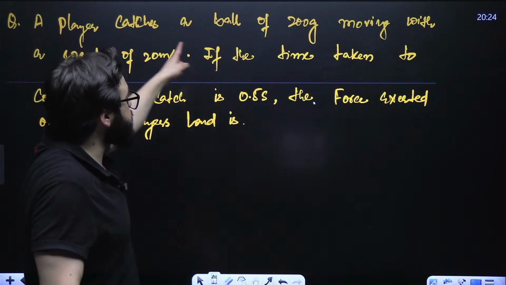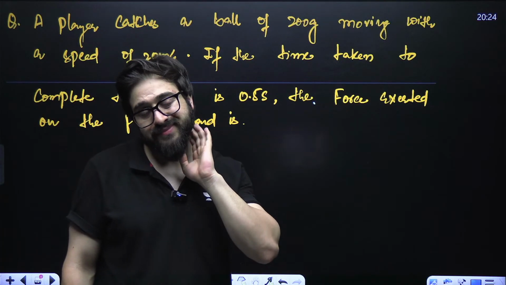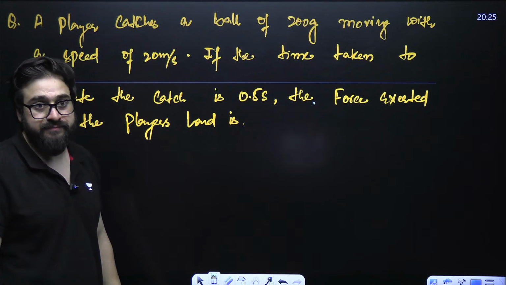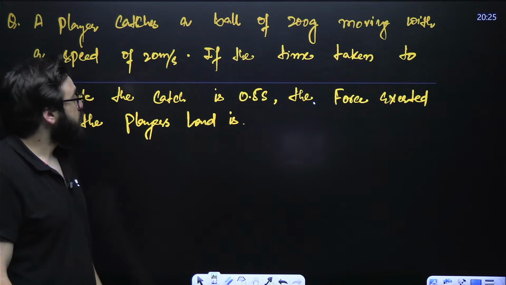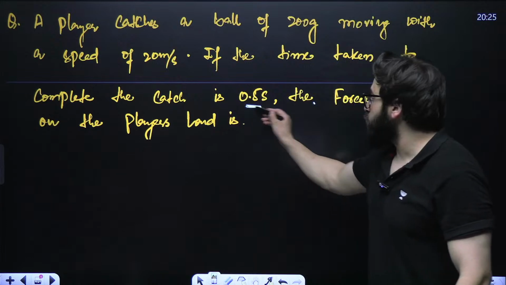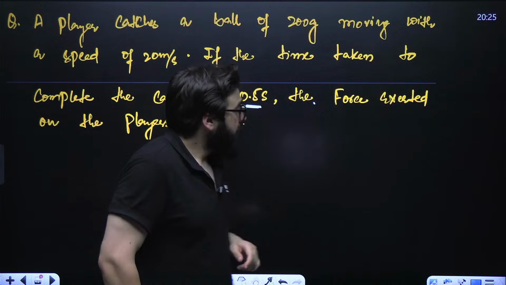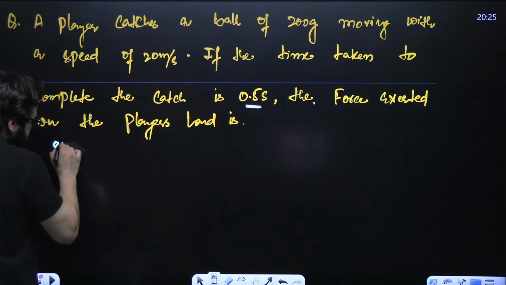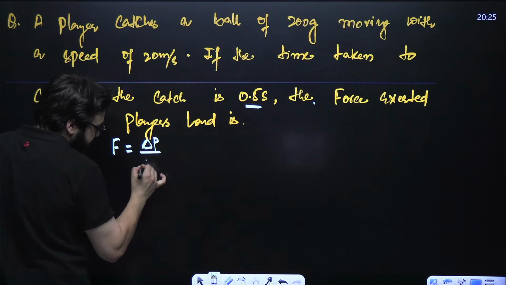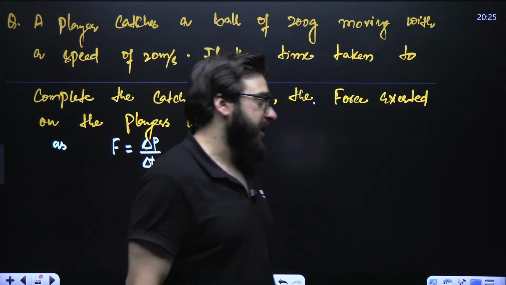A player catches the ball of 200 grams with a speed of 20 meters per second. If the time taken to catch the ball is 0.5 seconds, time taken is given over here. If you have to find the force, force is simply delta P divided by delta T. This is the general formula: change in momentum upon change in time.